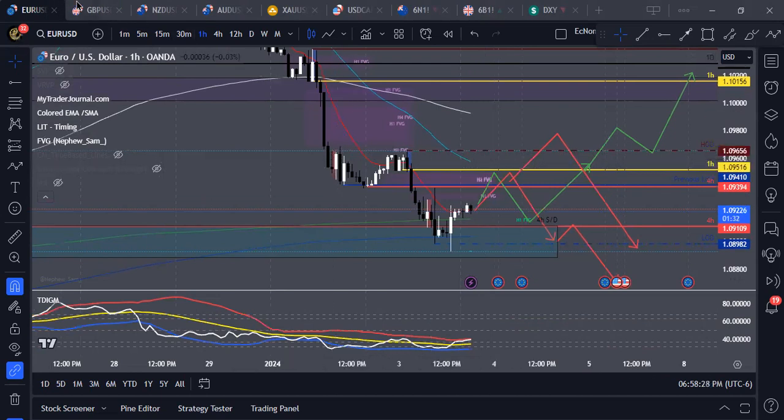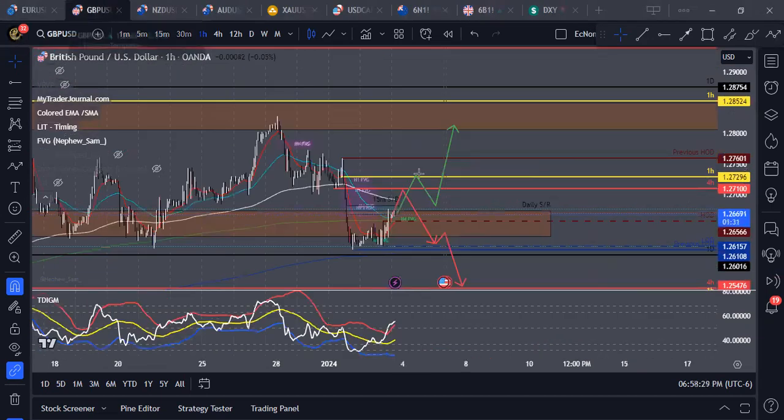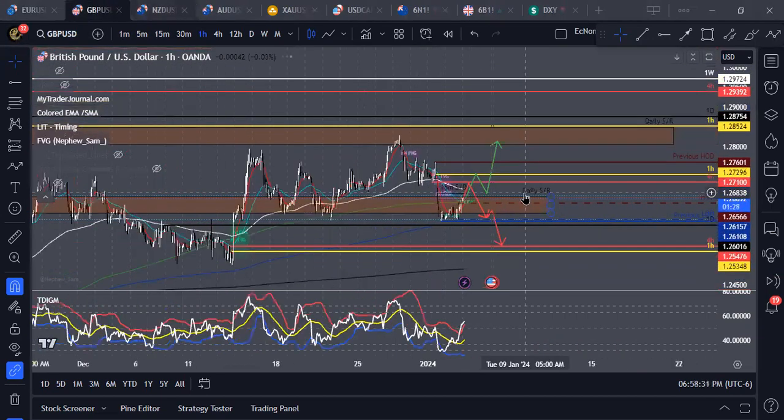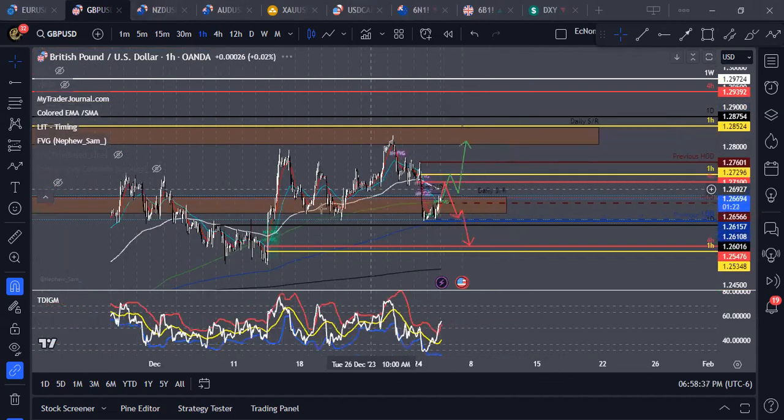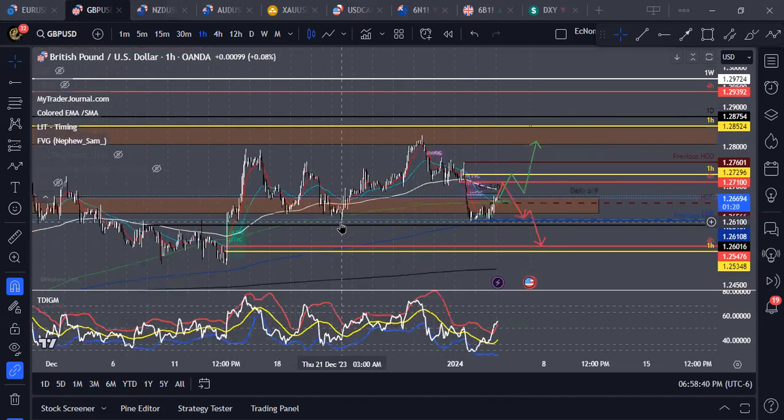You guys got this. So for GU, it's kind of interesting because it can go either way, mainly because it's in a range, right? Because this low right here didn't get broken. It actually matched it up perfectly and respected it.